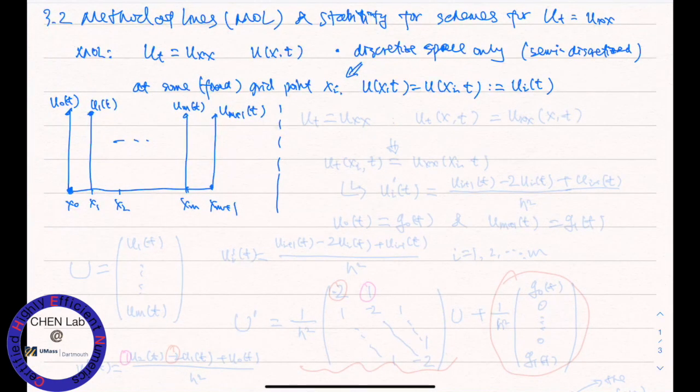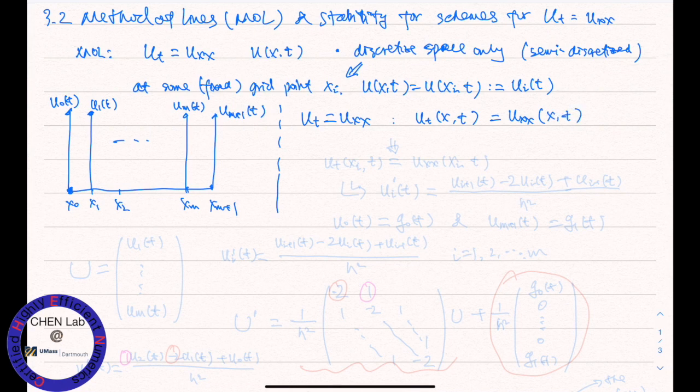Then the equation is u_t equals u_xx. If you take the partial derivative with respect to t, this is still a function of x and t, and it says these two functions are the same. u_xx is also a function of x and t.